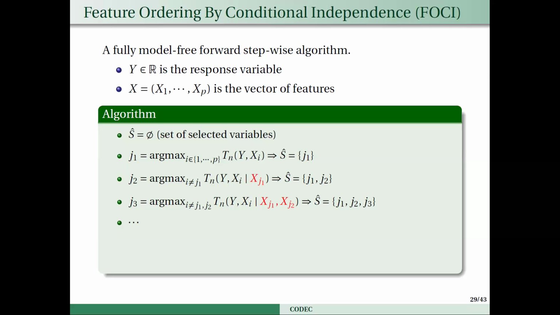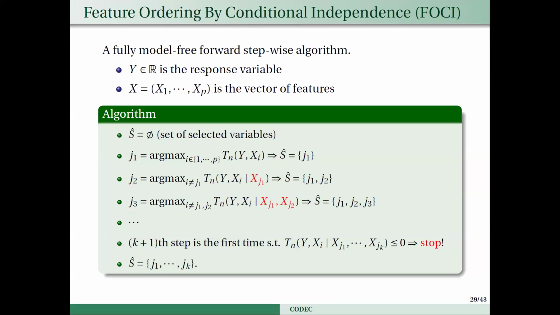Am I going to continue like this? Or what's the goal? Fortunately, the algorithm comes with a natural automatic stopping rule. Let's say we have already picked k variables xj1 to xjk. Conditional on them, I'm doing another round of screening. I observe that none of these measurements are positive.